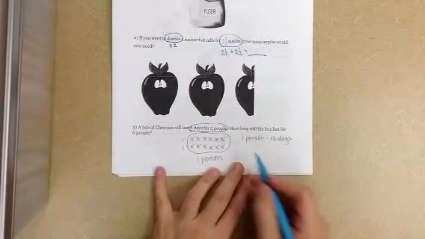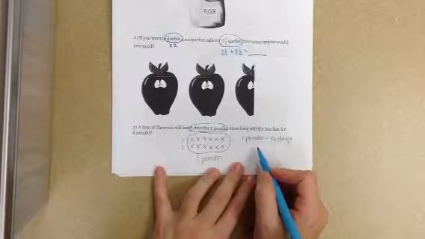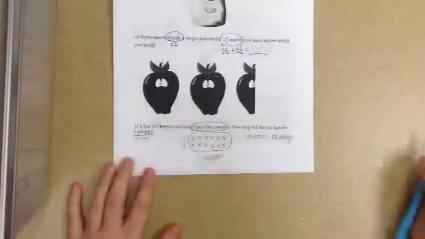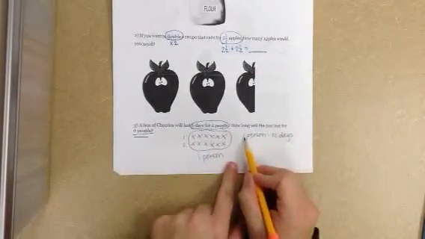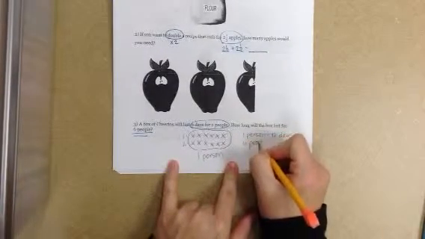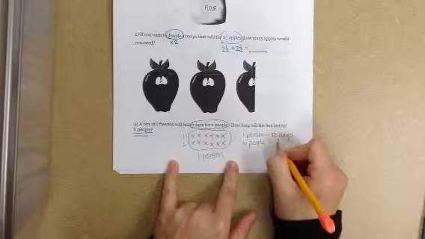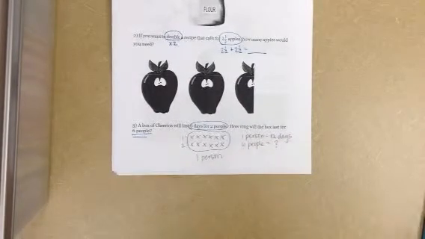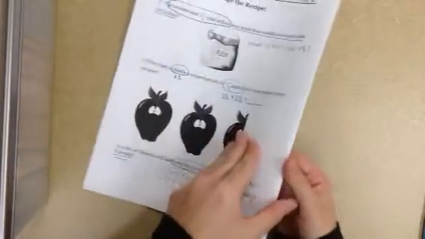Now, it doesn't ask me how long it lasts one person. It asks how long will the box last 6 people. So if it lasts one person 12 days, now can you figure out how long it would last 6 people? Take those 12 days, divide it up between the 6 people. Let's move on to number 4.